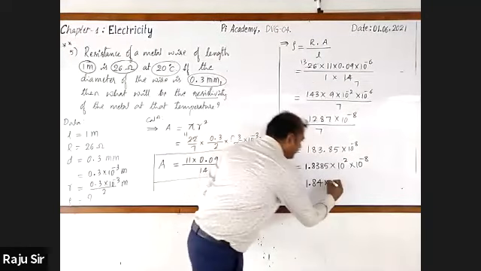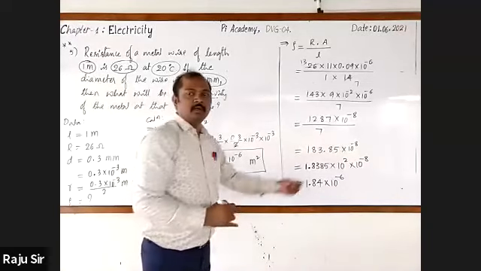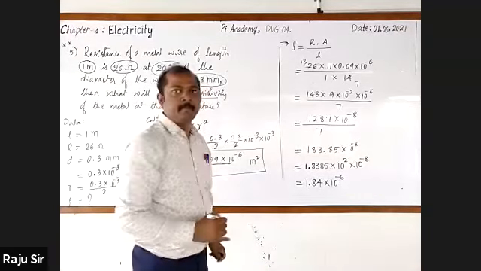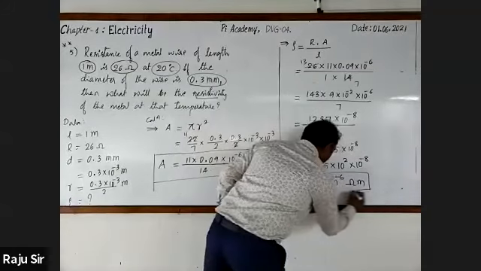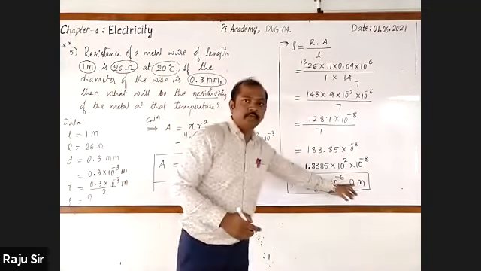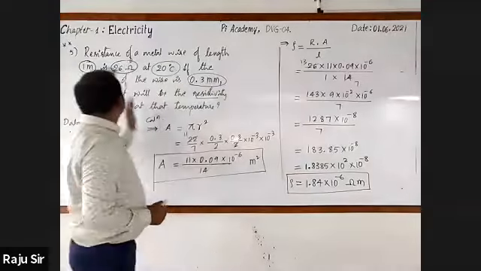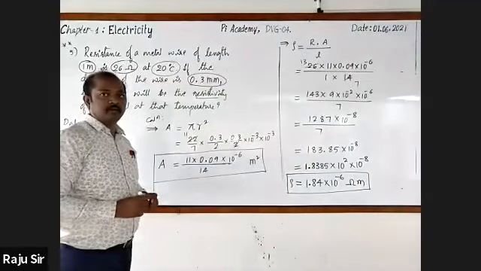It will be 10 raised to the power minus 6. What is the unit of resistivity? Ohm meter. Right. Rho is equal to 1.84 into 10 raised to the power minus 6 ohm meter. So this is the resistivity of the metal.